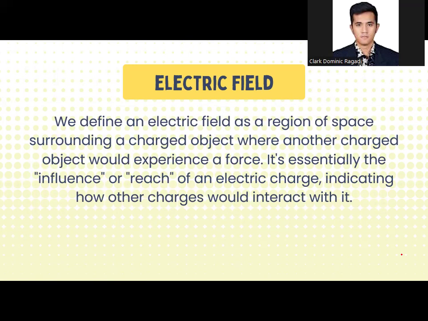Meaning, if a test charge felt a force in a certain space, there's another charge nearby. That's the concept of electric fields. It is an imaginary field produced by a charged atom that would exert force on another charge if it was placed near that first charge.